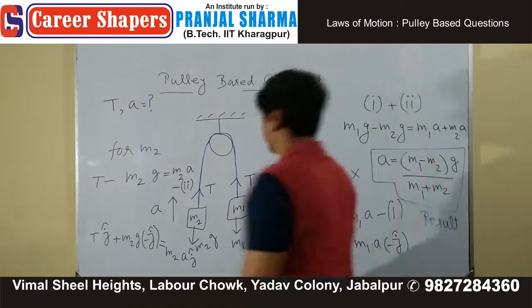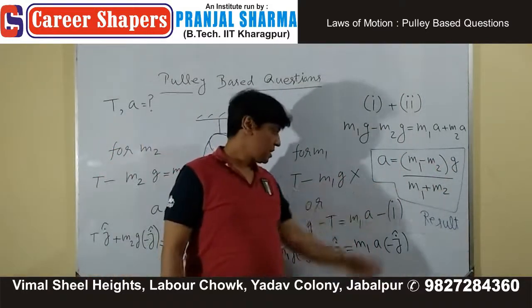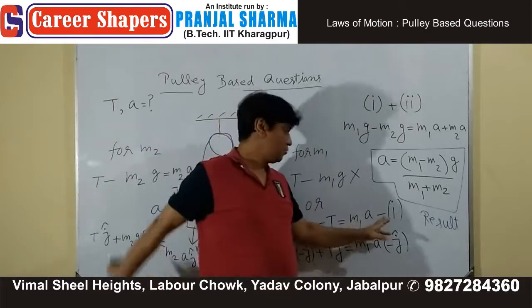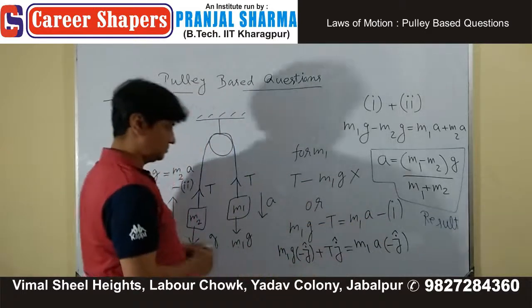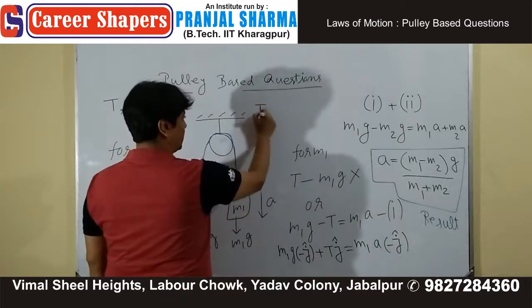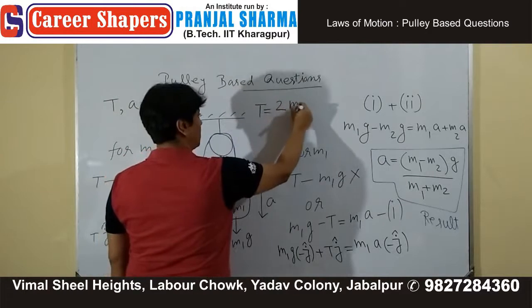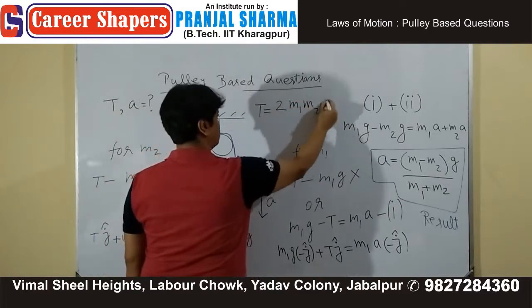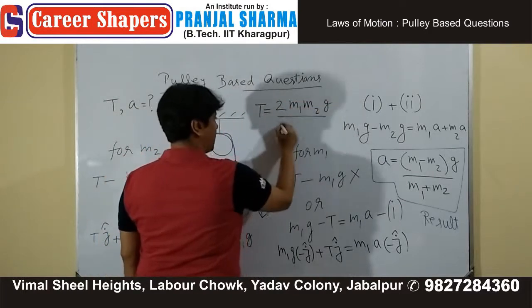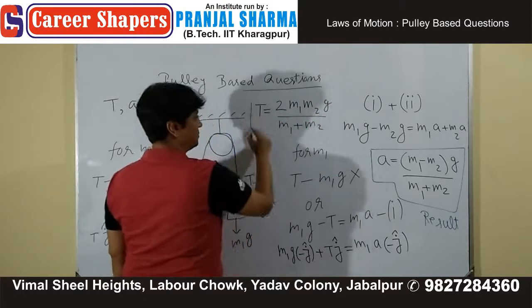Now when you put this A in either equation 1 or 2, the value of T you will get is 2 m1 m2 g divided by m1 plus m2.